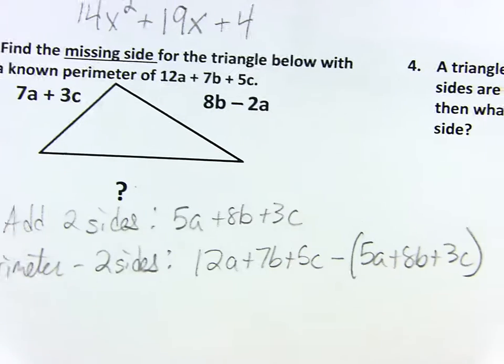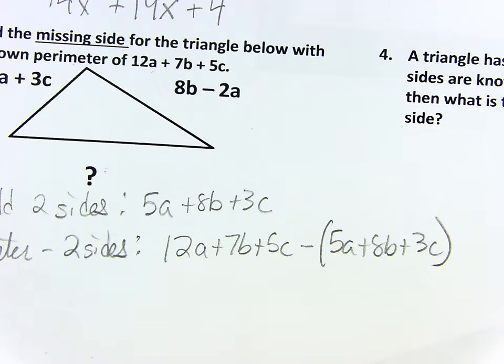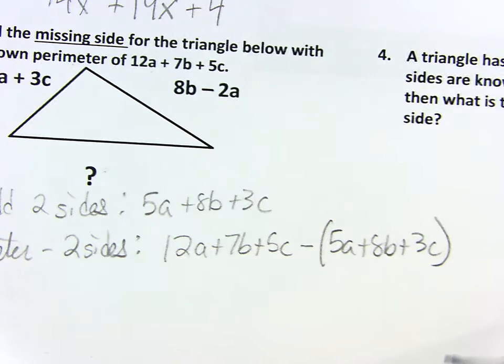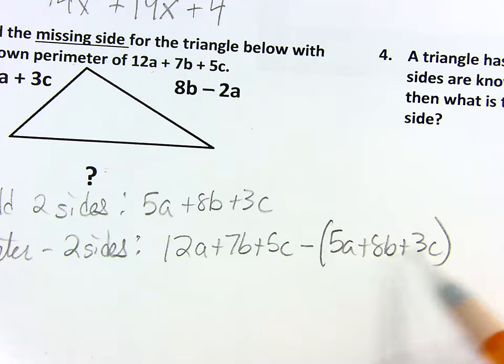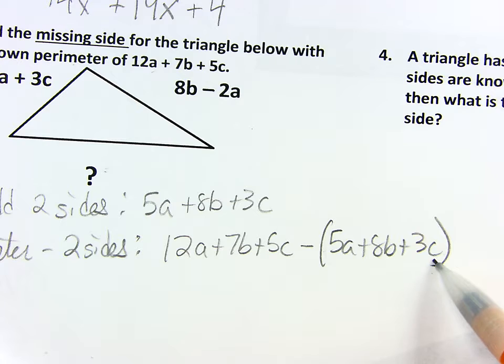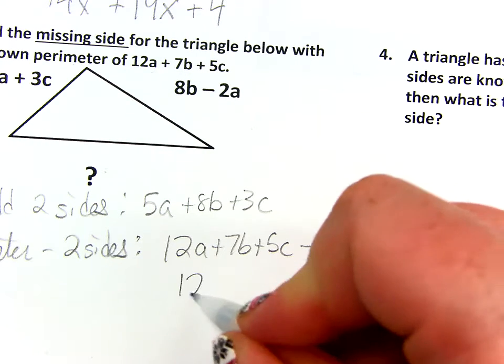Didn't we learn yesterday how to subtract polynomials? Notice that I put these in parentheses. Did I have to do that? Yes, because I need to subtract this whole thing. All of it. So when I go to subtract, remember how this looks.